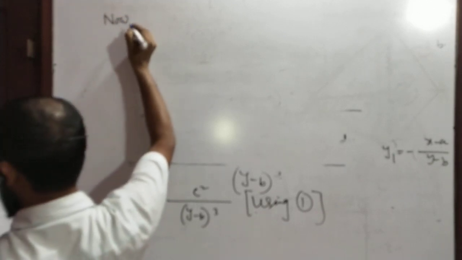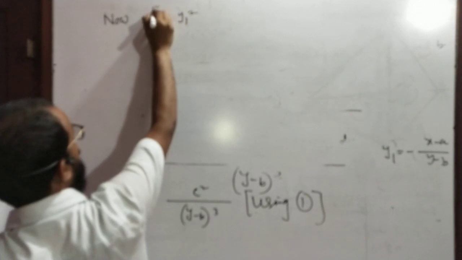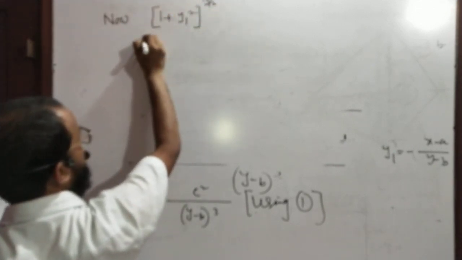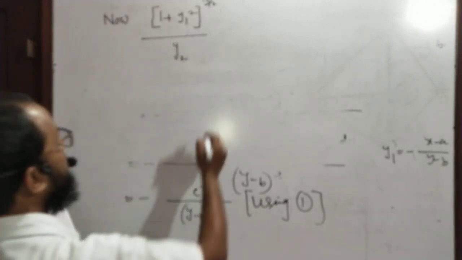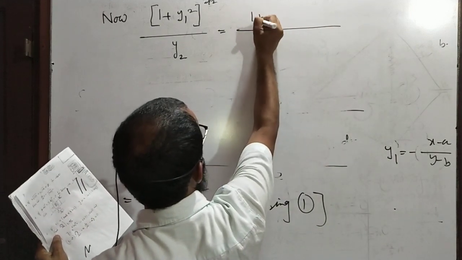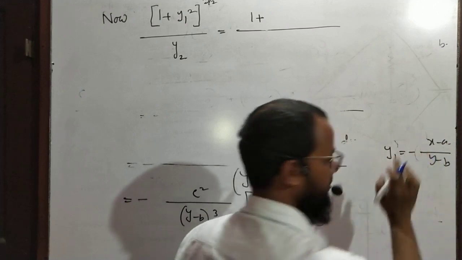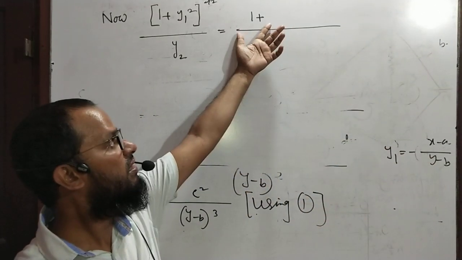The expression is 1 plus y1 square whole to the power 3 by 2 divided by y2. Put the values. What is y1? y1 is equal to minus x minus a divided by y minus b. So putting the value of y1 in this expression.